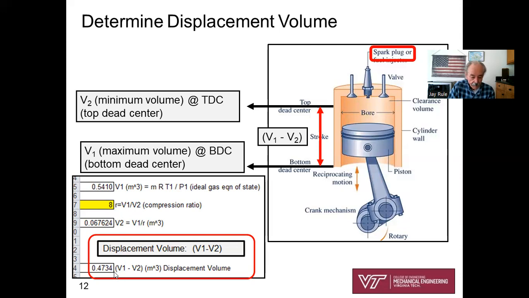So V2 is 0.067624, there's V2. The displacement volume is simply the difference between the two volumes, max minus min. So the displacement volume is 0.4734. So if you're doing a quiz, at least you have like a 3 on the quiz. There's the displacement volume.